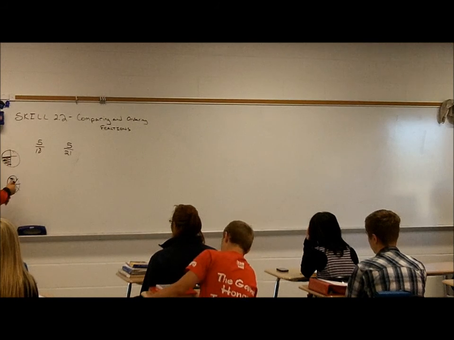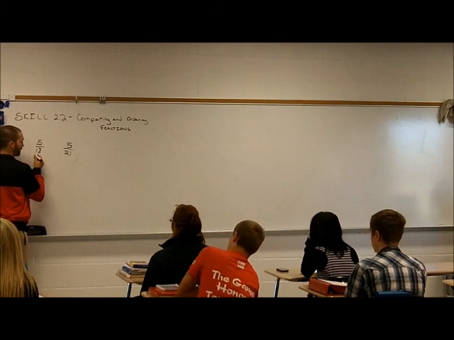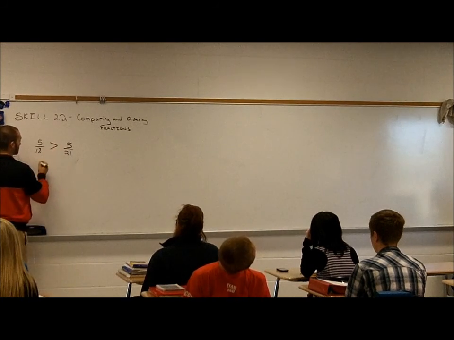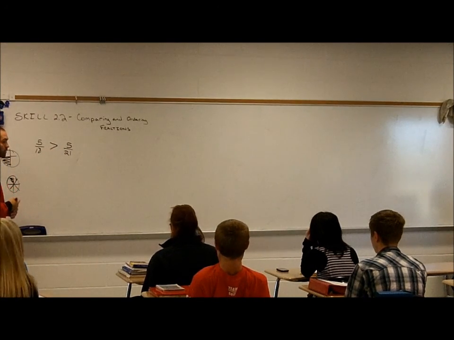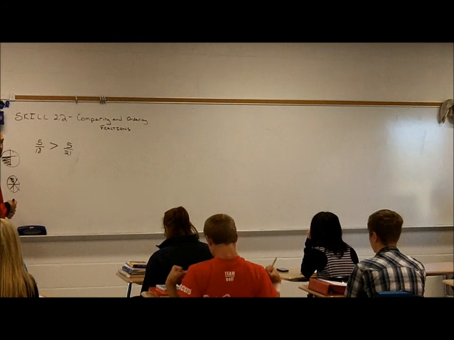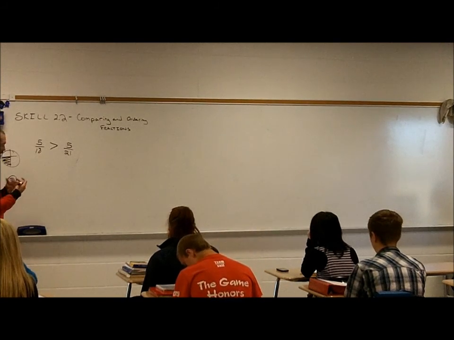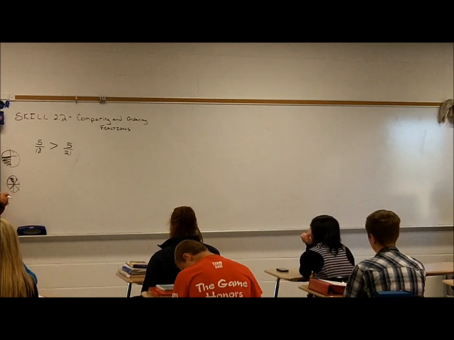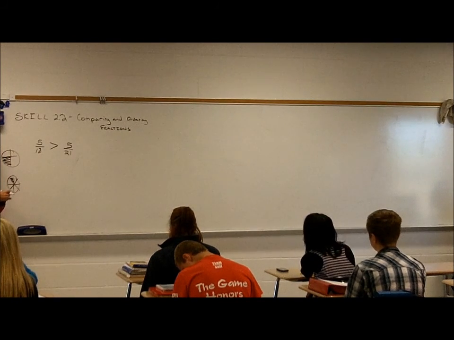The 4. So who's going to be bigger in this problem? The 18. So 5/18 is greater than 5/21. You've taken more pizza away. Does that make sense? The smaller denominator is always the larger.